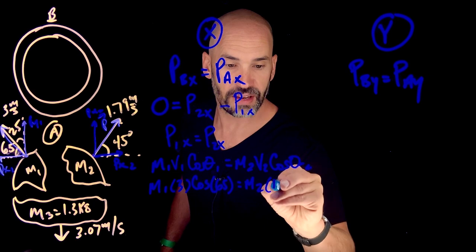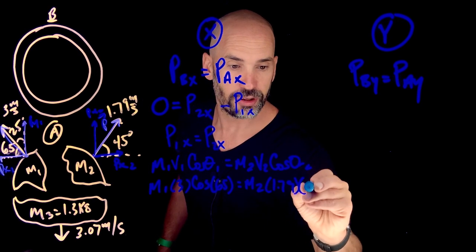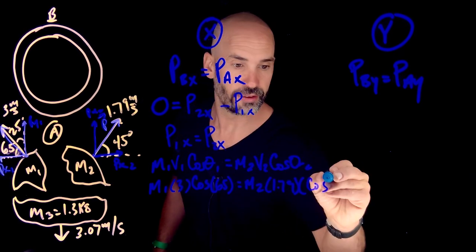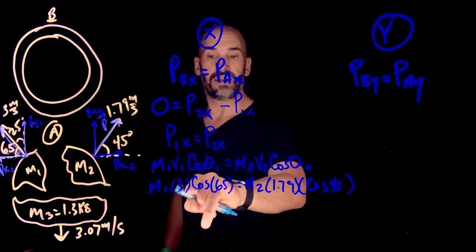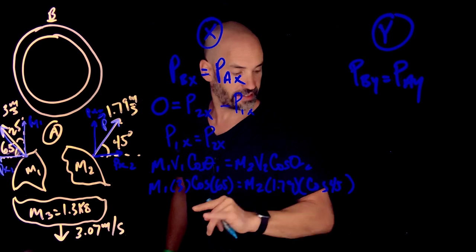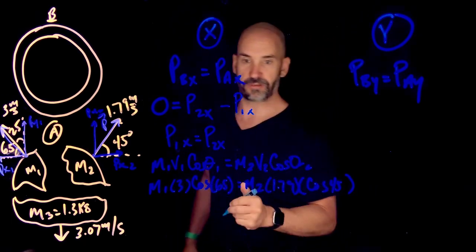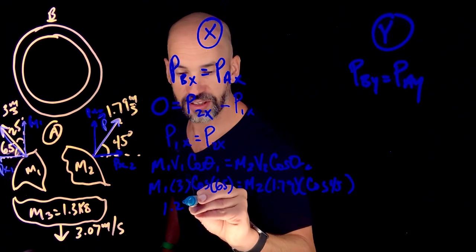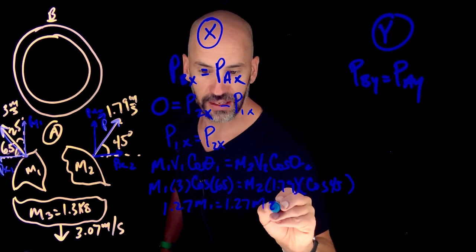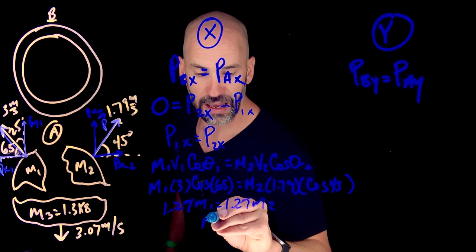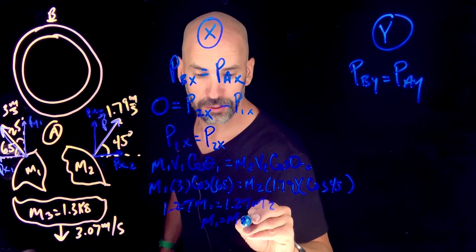We know that V is 1.79, and we know that cosine is of 45, right? So if I multiply these guys, I get approximately the same answer for both. It's about 1.27 m1 equals 1.27 m2. Cancel, cancel, m1 equals m2.